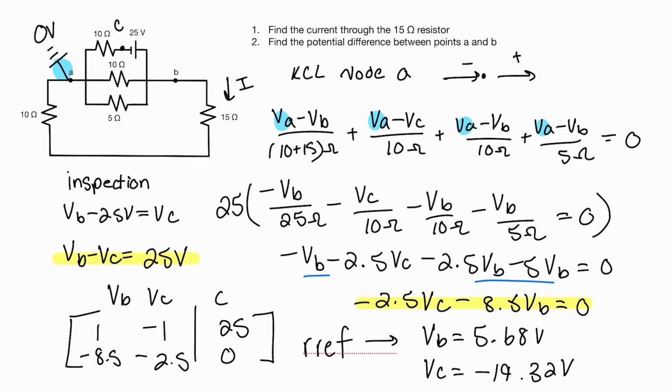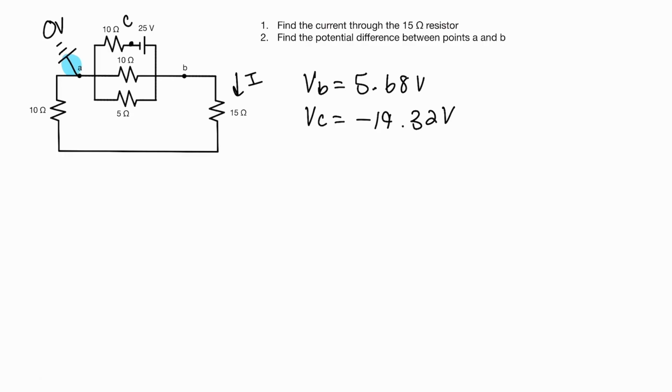And so we know number 2 now, which is the potential difference between VA and VB, what we found in our calculator, and we know that the difference will be VB minus VA, and then we know that VB equals 5.68 volts and VA equals 0 volts. So then what you get is the potential difference is 5.68 volts. So here's the answer to number 2.